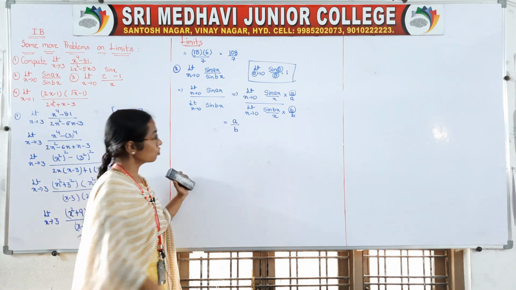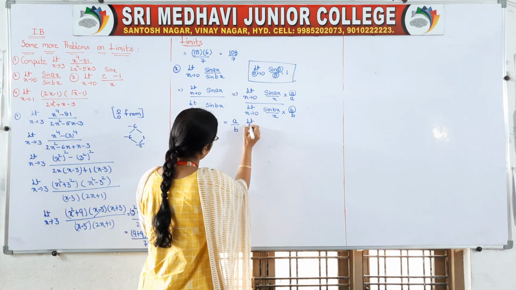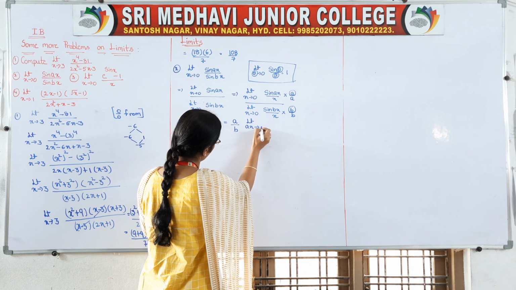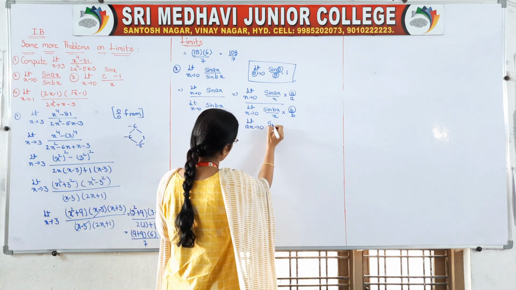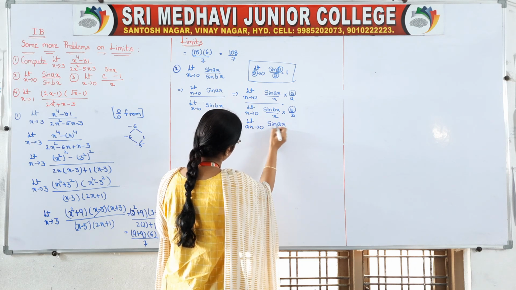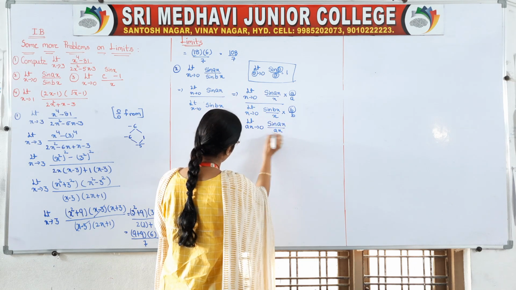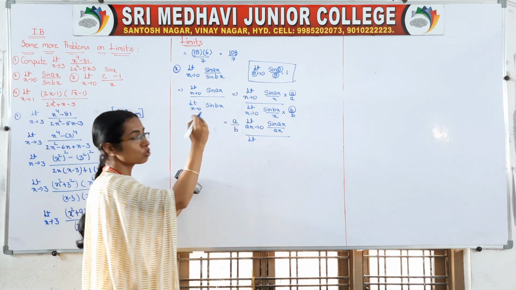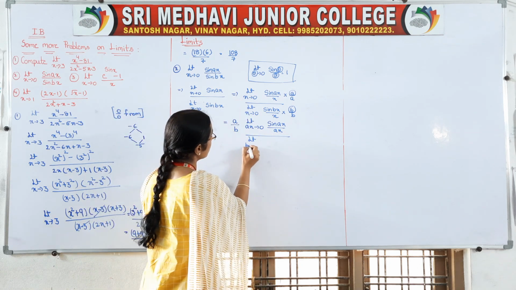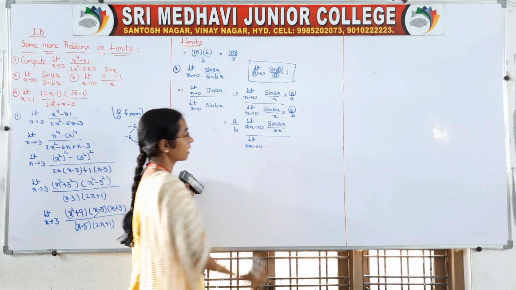If x tends to 0, definitely ax tends to 0. If the x value is 0, 0 into something is 0 only. So it is sin ax by ax. Next, same thing: if x tends to 0, bx tends to 0. Why are we writing like this?